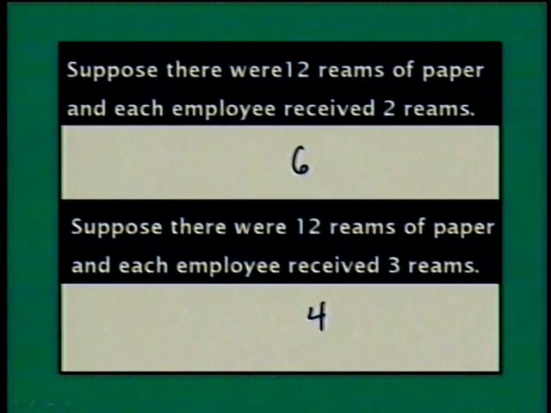And you've probably figured it out that the operation is division. 12 divided by 2 is 6, and 12 divided by 3 is 4. So in both cases, I'm taking 12, the number of reams of paper, and dividing by the number of reams of paper received by each employee.